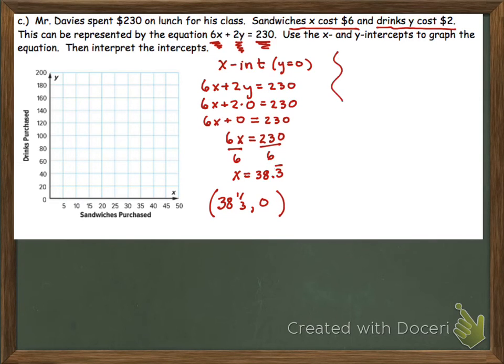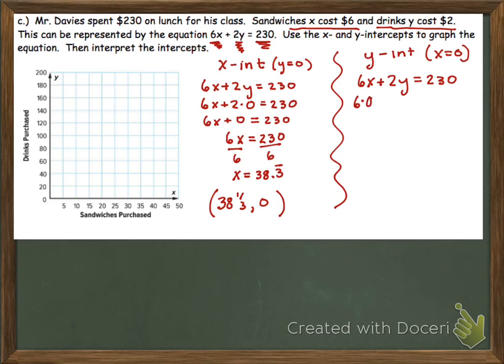And then we're looking for our y-intercept. Remember, that's when x is equal to 0. And so again, you rewrite your equation. You're making that opposite letter 0. So this time we're making x 0.